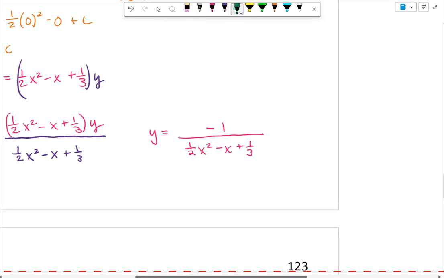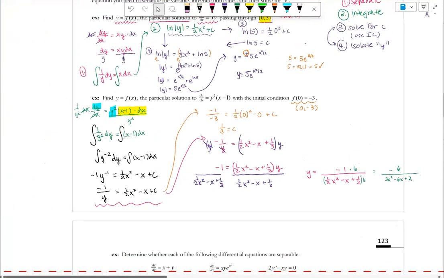Alternately, if I wanted to get rid of the 1/2 and the 1/3, I could distribute the least common multiple, a 6, on bottom. So we could think of this as negative 6 over, well, 1/2 times 6 would be 3x squared, 6 times negative x would be minus 6x, and then 1/3 of 6 is 2. So you can write it this way. I'm fine leaving it the way we had it before.